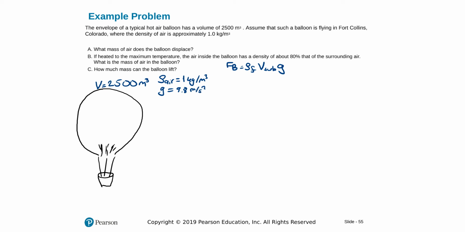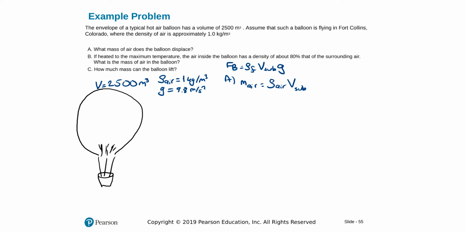So let's see what the question's asking us. A, what mass of air does the balloon displace? That would be mass of displaced air equals the density of the air times the volume submerged, in this case, displaced.